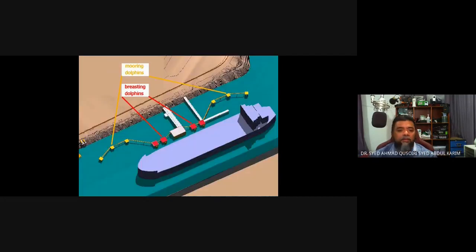You can see better here. You can see that the ship here is mooring. Obviously, it's a lot bigger than the jetty itself. So that's why we have these mooring dolphins to cover the length of the ship.